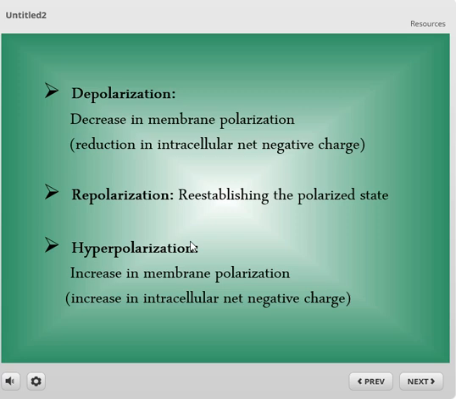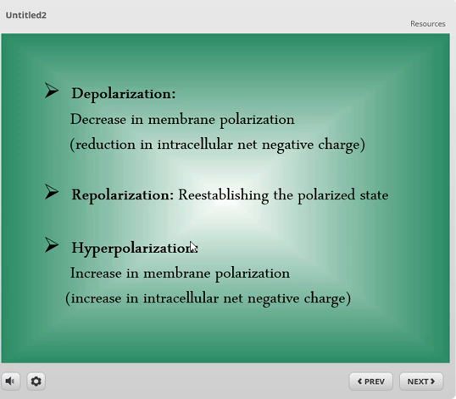And finally, hyperpolarization refers to an increase in the negative resting membrane potential, making it more negative than the normal resting level. Okay, this can occur due to the activation of potassium channels or chloride channels, which allow these ions to flow out of the cells, further increasing the negative charge inside.